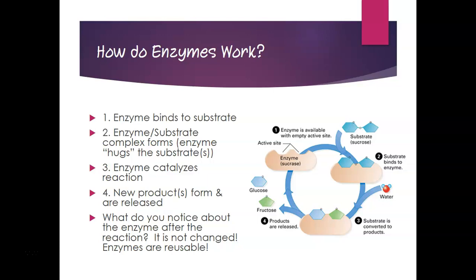Well, could you imagine how much you would have to eat on a daily basis to continue ensuring every chemical reaction that needed an enzyme was functional if you had to make an enzyme every single time that chemical reaction was necessary? You'd never stop eating. So the fact that these enzymes are reusable really is an efficiency thing for your body, okay, and allows you to not have to eat 24/7.